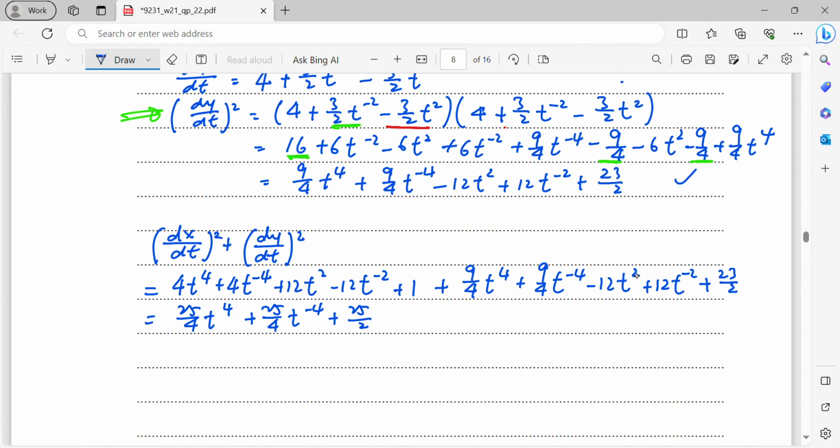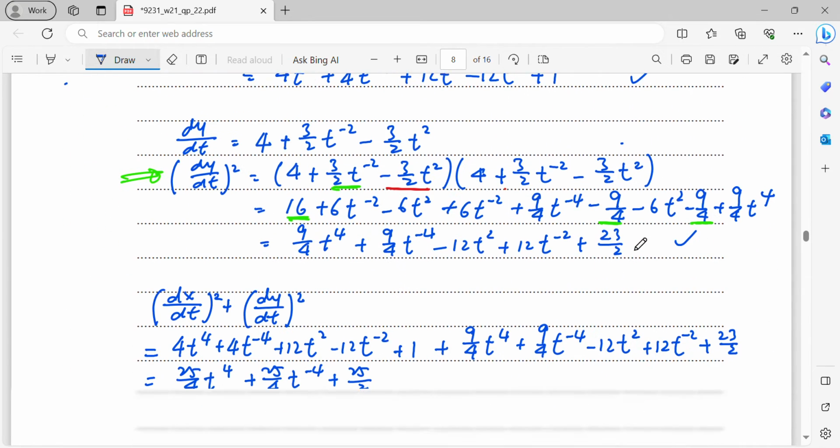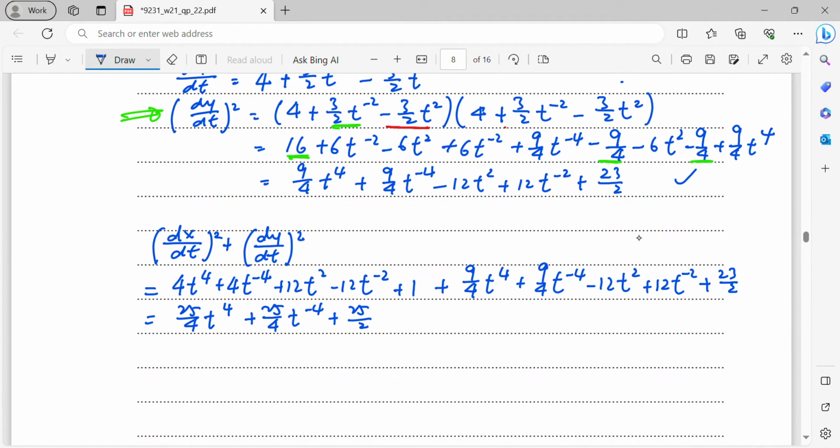Okay, then now when you look at the answer here, we need to get 25 over 4 times the square of this. Alright, so now I will factorize 25 over 4 first. Then I will get t degree 4, then plus t degree negative 4 plus 2. Now I will rearrange.